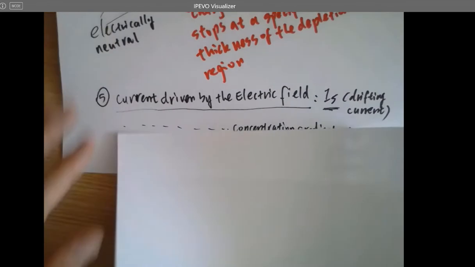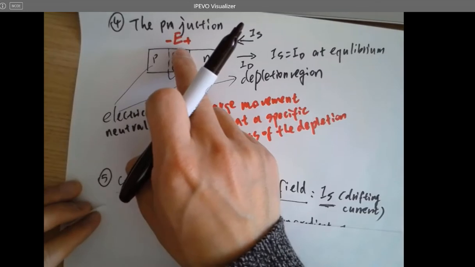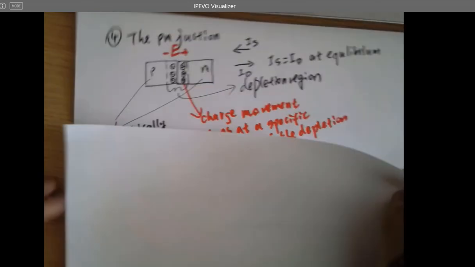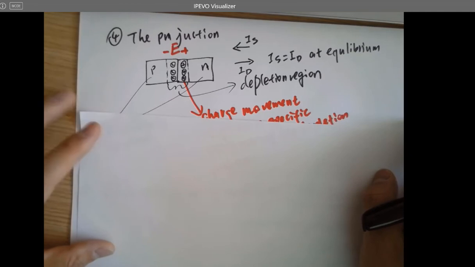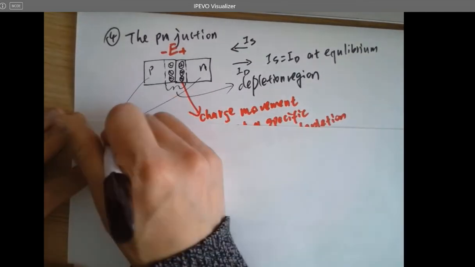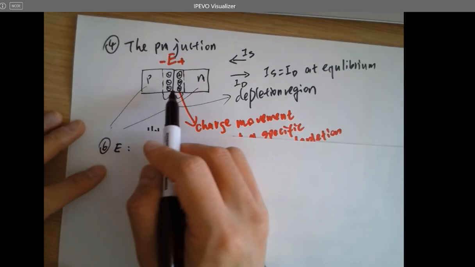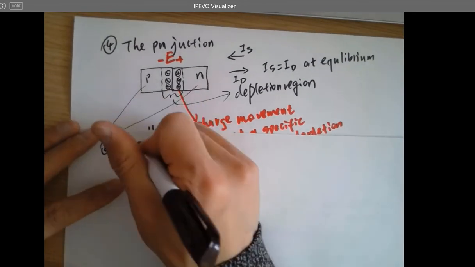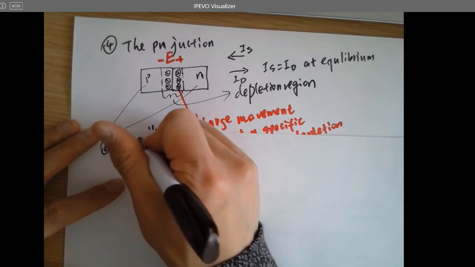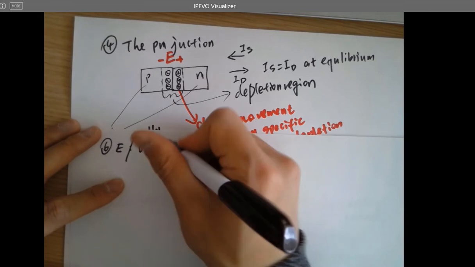And one more thing I left over here. The little E of the diode, over the depletion region, is called the building voltage or barrier voltage, sometimes written as VB.